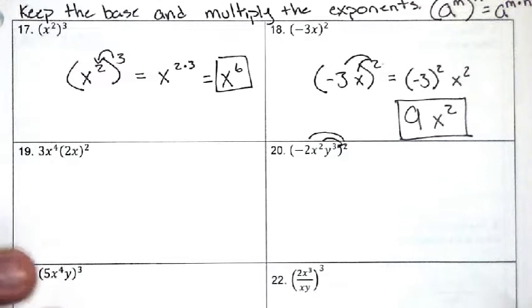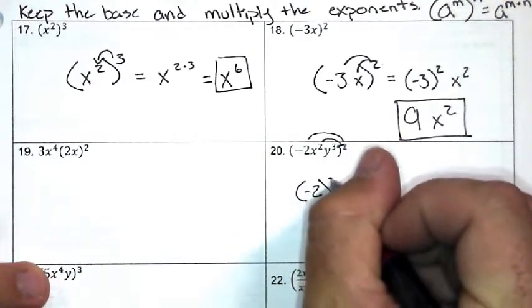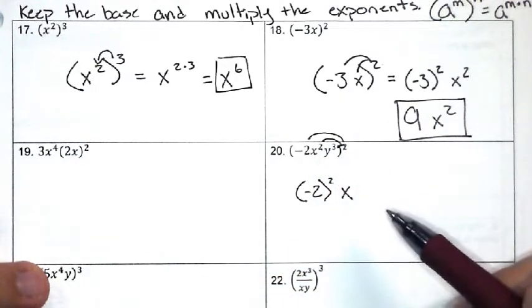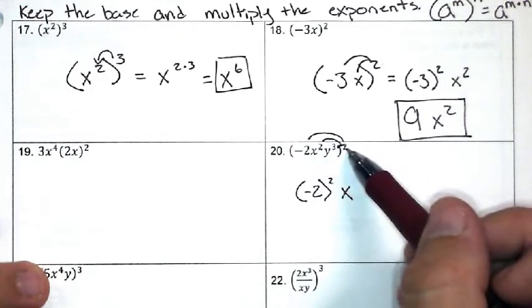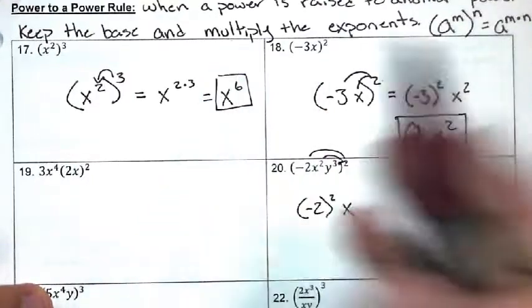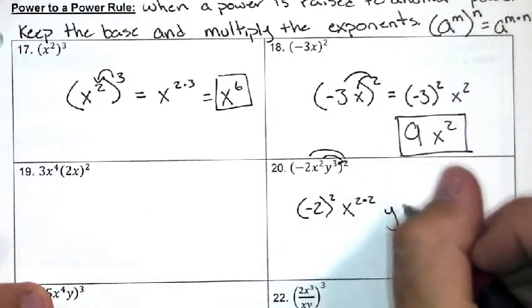Now x already had a 2, correct? So when I distribute this exponent to another one, what do we do? Multiply. So I have 2 times 2, and then I have y to the 3 times 2. Because I distributed an exponent, they already have an exponent there, so I multiply them together.